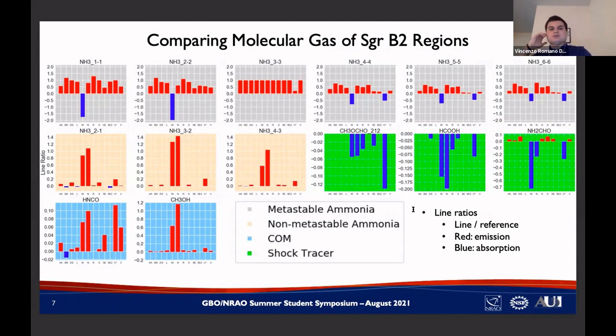To understand what's going on in each panel, we can zoom in on this top right corner in ammonia 6,6. The red peaks correspond to emission components at the velocity component of the reference, and the blue bars correspond to the absorption components at that reference.